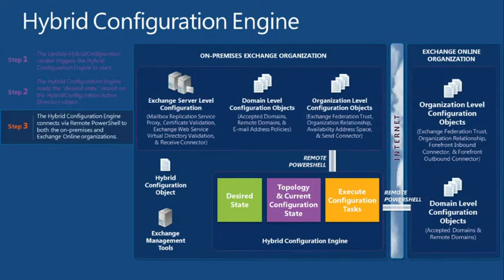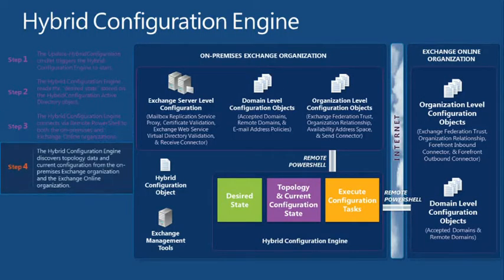We then create a remote PowerShell session to both Exchange on premises and to Exchange Online. We use the same API, same commandlet calls that you have access to. These two runspaces are run under the context of the credentials that you provided on the first page of the wizard. So once we've connected, we read the current state of both sides.